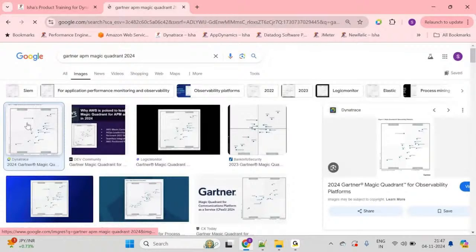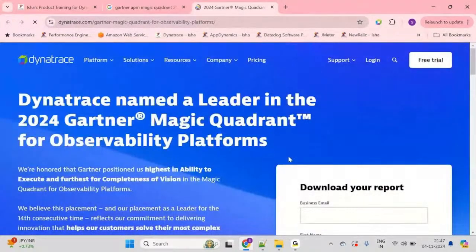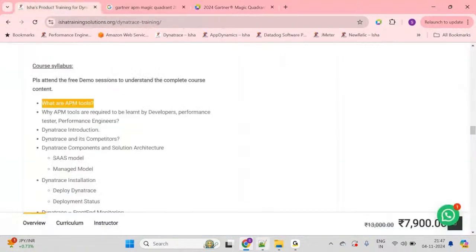This is the Gartner Magic Quadrant report. I hope you guys would have heard about Gartner before. If you look at it, Dynatrace is there in the leaderboard. With that I'm saying they are leading the market and have a good reputation.